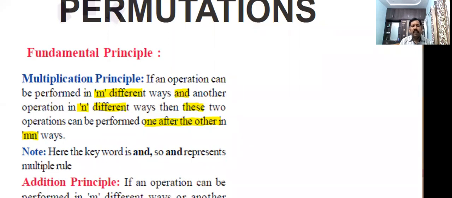Here, observe the keyword: 'and'. And is there means we can use the multiplication principle.